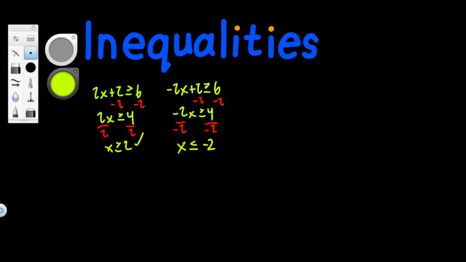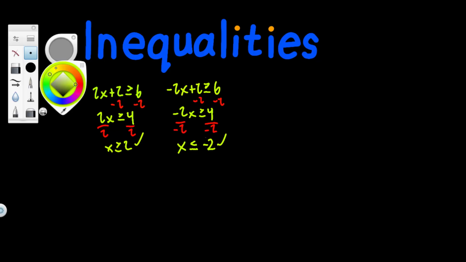That's looking good. Now let's see what happens if x is less than negative 2. What about x is negative 3? Negative 2 times negative 3 is positive 6, and positive 6 plus 2 is 8, which is greater than 6. So this one's checking out.